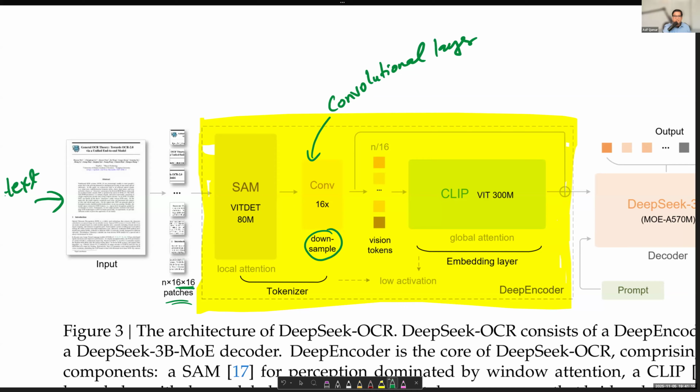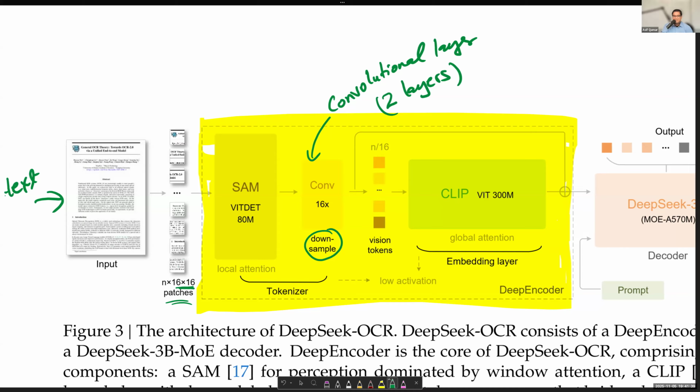Somewhere they mentioned they use 2 layers. If you remember, whenever you use a convolutional layer, because of the pooling and so forth, you always end up downsampling, right? So you had patches this big, and now they have become even smaller patches.